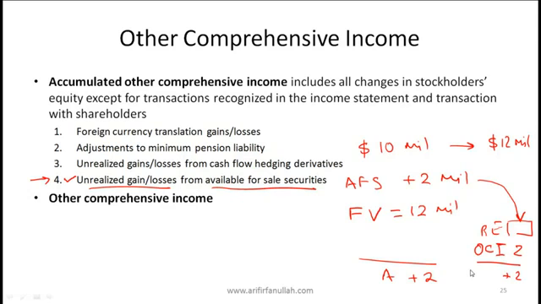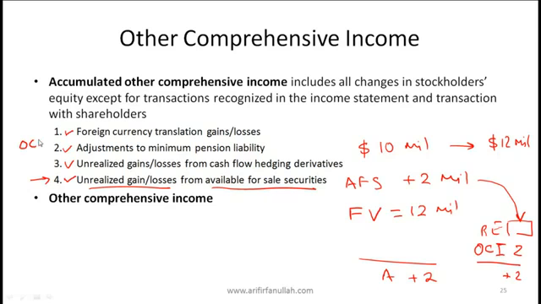And then there are 3 other categories which for now you just should memorize, and you will understand these in more detail when we do this in level 2. But basically, unrealized gains, losses from cash flow hedging derivatives, adjustments to minimum pension liability, foreign currency translation gains, losses. So all these are shown under the comprehensive income.